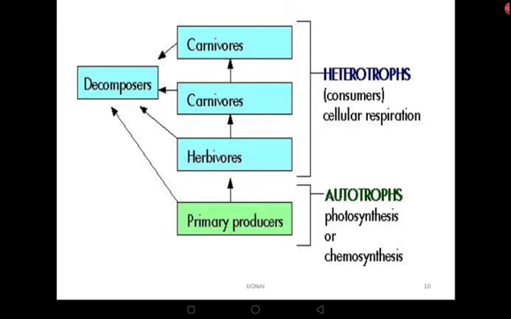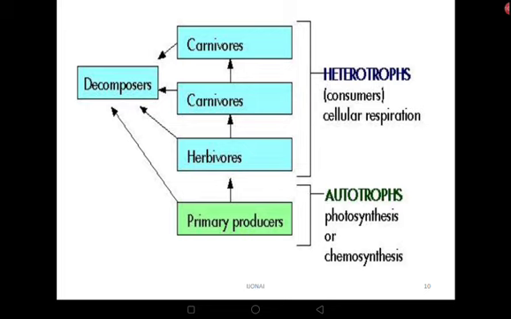And then the herbivores are eaten by the carnivores, that are the secondary consumers. And then the lower carnivores are eaten by the higher, larger carnivores, which become the tertiary consumers. And all the producers, the herbivores, the carnivores, can be broken down by the decomposers.